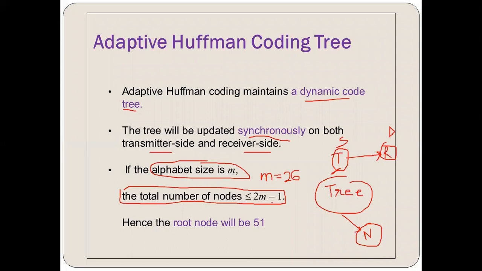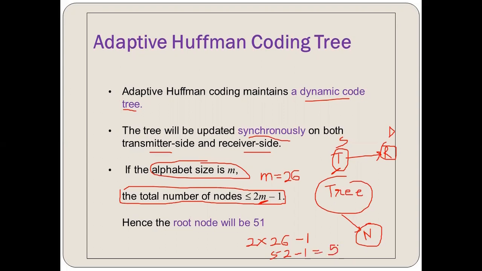Now how can I calculate? If I just place this value of m as 26, it will be 2 into 26 minus 1. So what will it be? It will be 52 minus 1, and that is equal to 51.